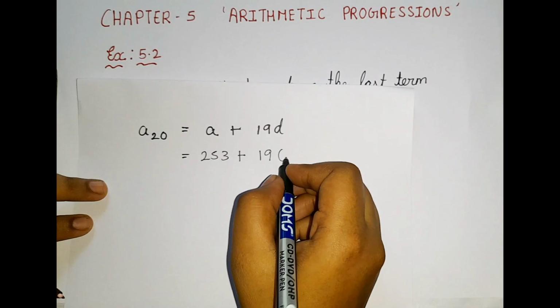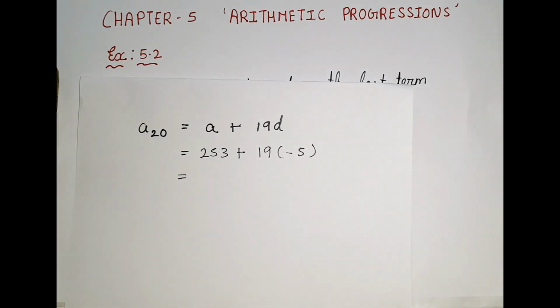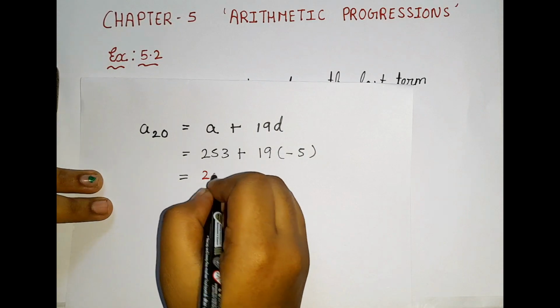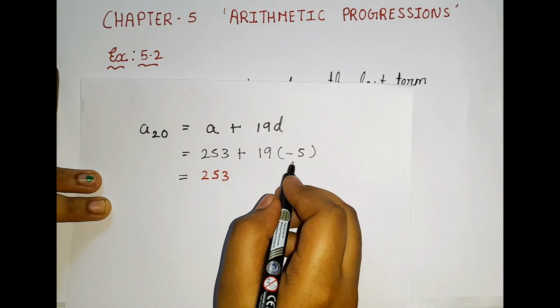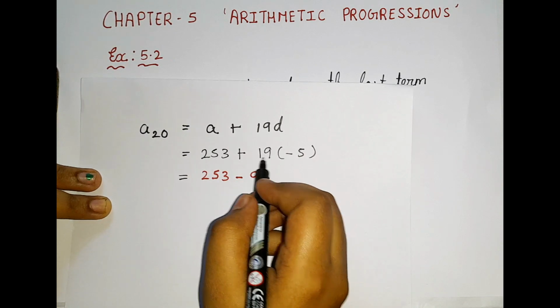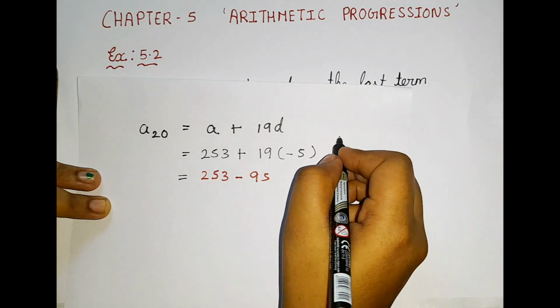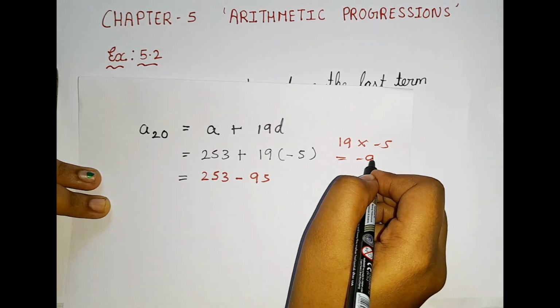So minus 5. So it is equal to 253, we can write it as it is, and then 19 into minus 5, we get minus 95.